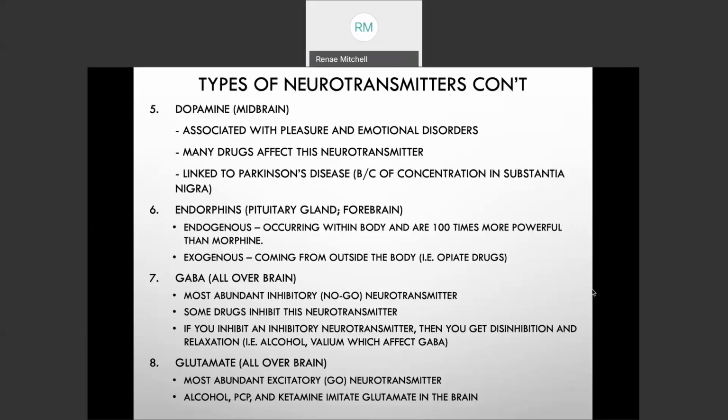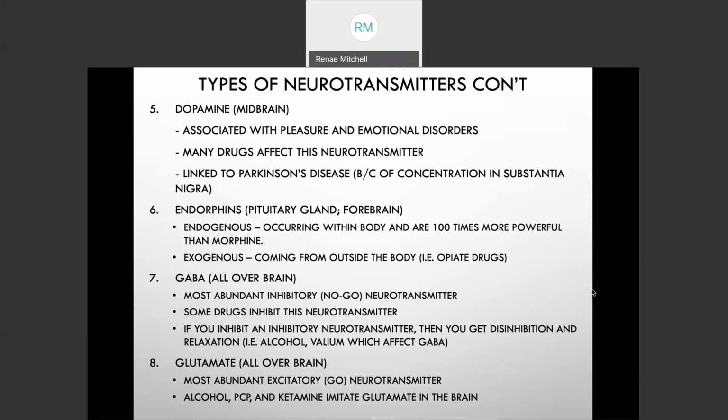Endorphins are a type of neurotransmitter that are located, again, in the pituitary gland and then also in the forebrain. And there's two different types of endorphins here. There are endogenous endorphins, which occur within the body. The body makes our own endorphins, and they are 100 times more powerful than morphine.